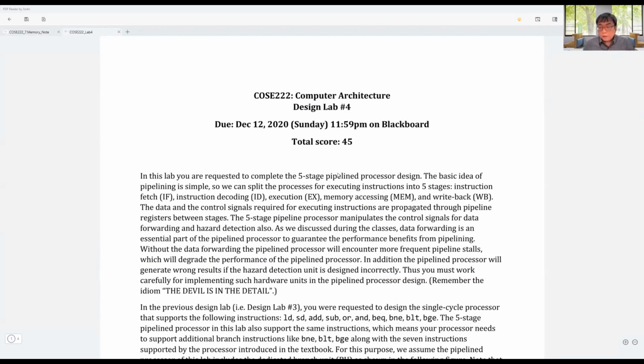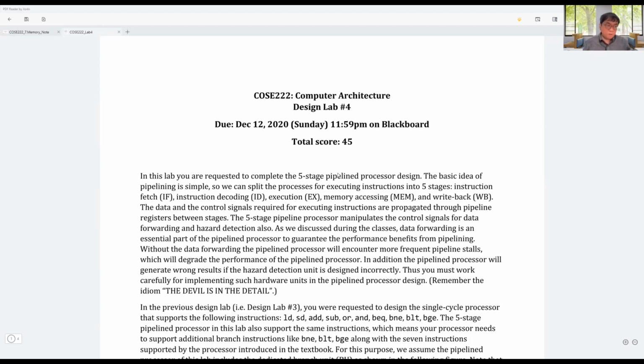In the previous lab, you were asked to implement a single cycle processor. This single cycle processor supports additional branch instructions, including the 7 instructions we learned in the textbook. The goal of this final lab is to implement a 5-stage pipeline processor.